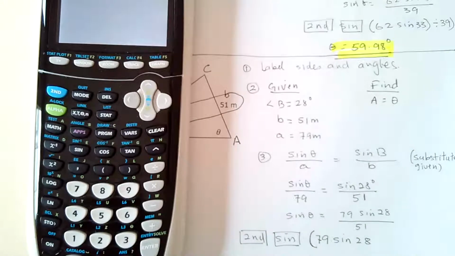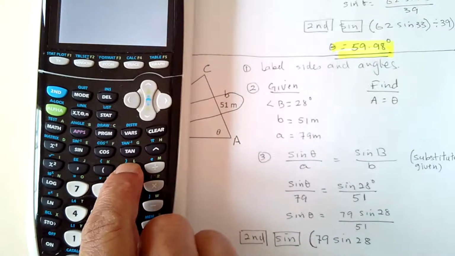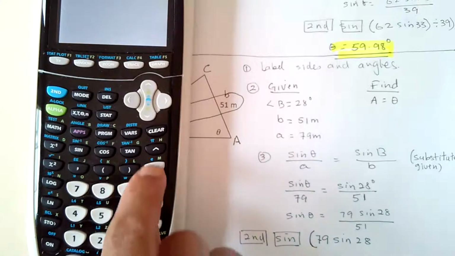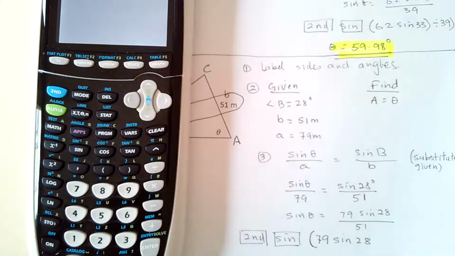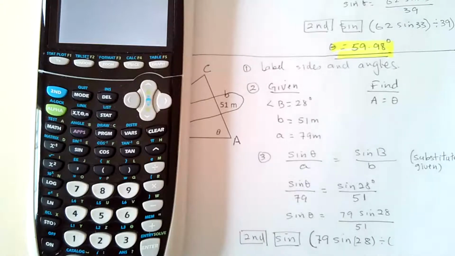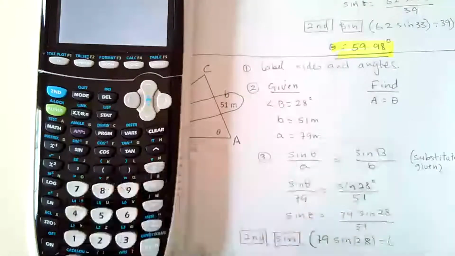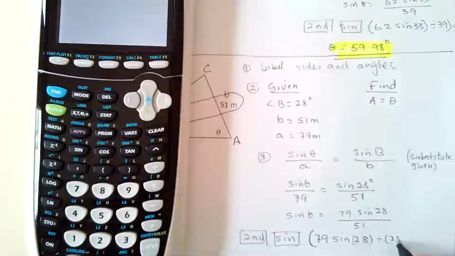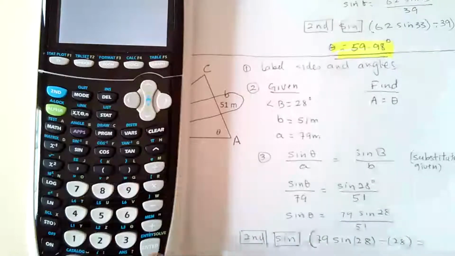In my case, I need to close bracket. I'll do a double close. And then divide that by, I don't have to use another bracket here, but it wouldn't hurt. In this case, I will not. 28. And I press my enter button.